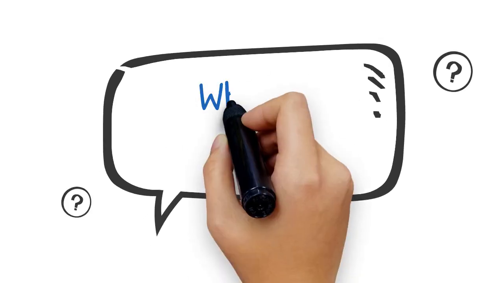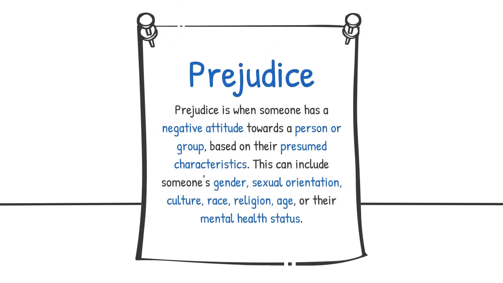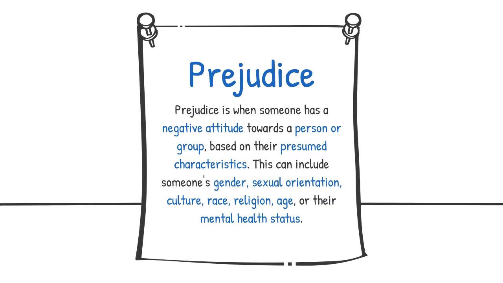What is prejudice? Prejudice is when someone has a negative attitude towards a person or group based on their presumed characteristics. This can include someone's gender, sexual orientation, culture, race, religion, age, or their mental health status.